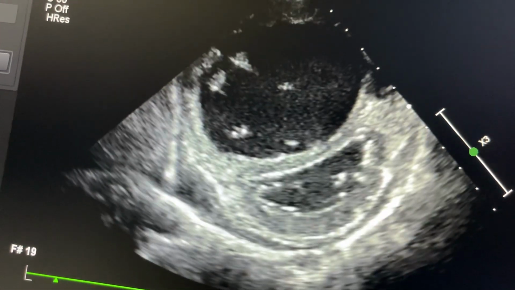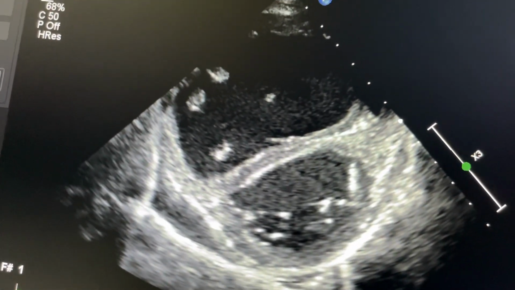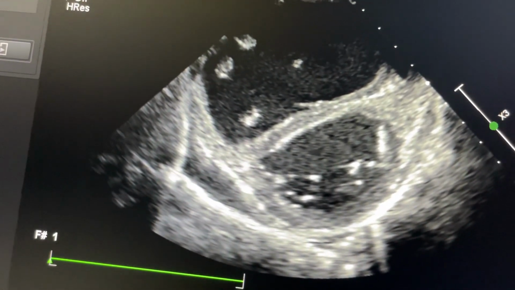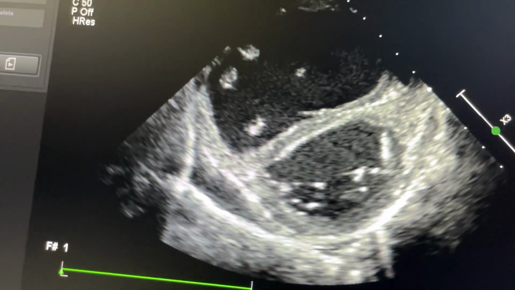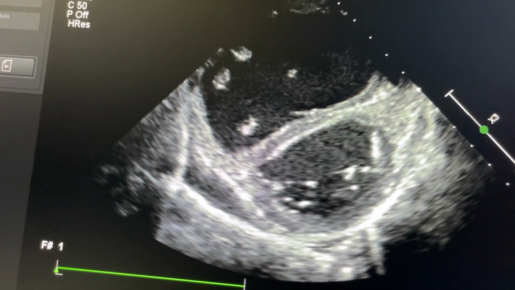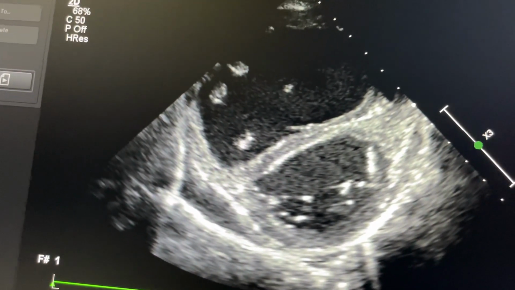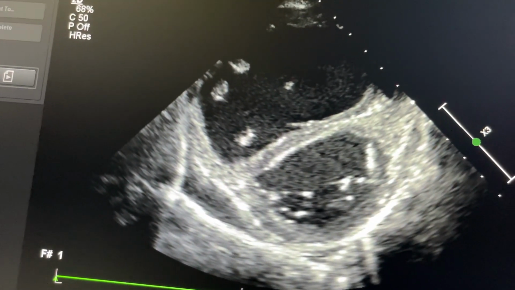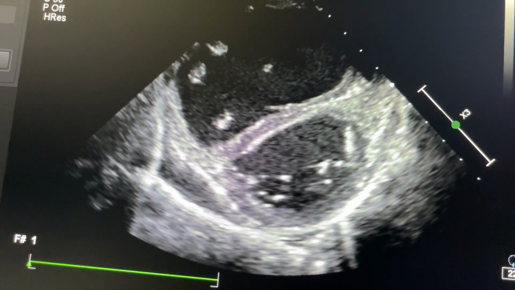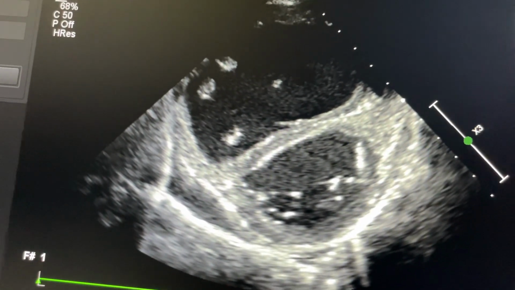So whenever you see a D-shaped left ventricle almost during systole and diastole, that means right ventricle pressure overload, but if only during diastole, not during systole, then that will be volume overload. Mostly what happens is initially volume overload, finally pressure overload, because the pulmonary artery system gets damaged due to long existence of the disease.